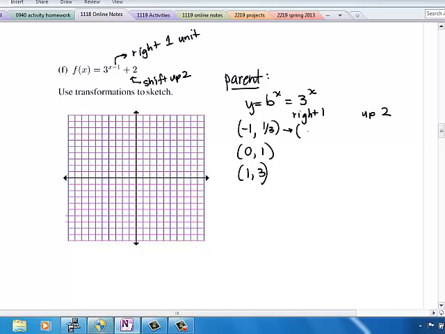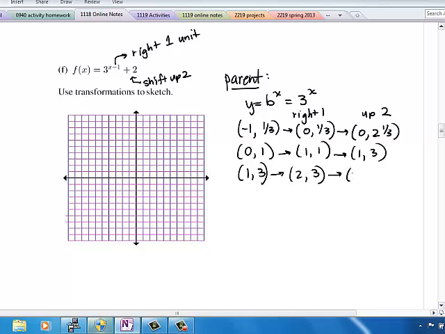So right 1 is going to give us (0, 1/3), (1, 1), and (2, 3). All the x's go up by 1. Up 2 is going to give us (0, 2 1/3), (1, 3), and (2, 5).